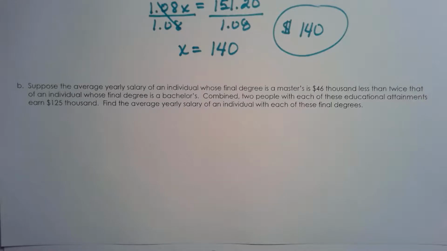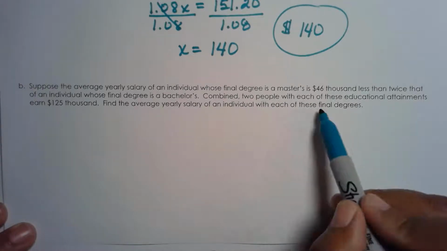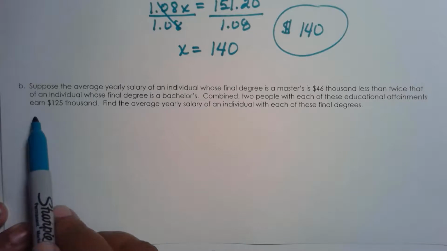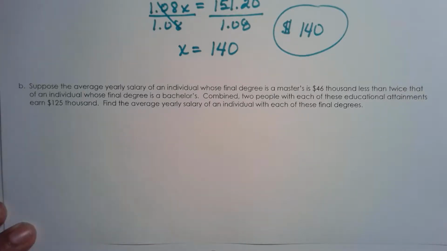So it says, suppose the average yearly salary of an individual whose final degree is a master's is $46,000 less than twice that of an individual whose final degree is a bachelor's. Combined, two people with each of these educational attainments earn $125,000.